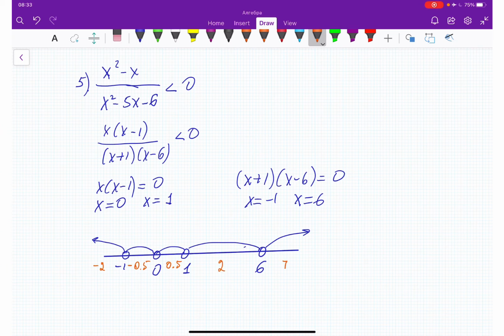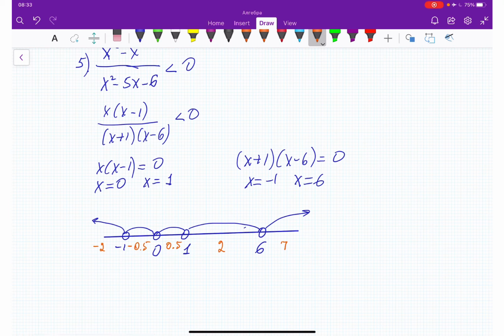Okay, 7. So what result do we get if I take -2 on the top?